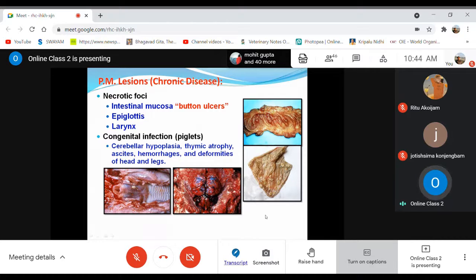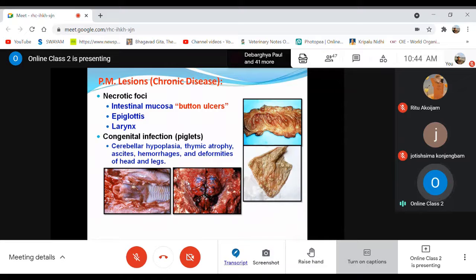And there is a most common thing. As we have already discussed in classical swine fever, there is congenital infection of the piglets when they are within the womb of the mother, means the infection through the mother, the fetus used to receive. And if it is born alive, for example, the piglet is born alive, but they will go on showing some deformities, they will not remain as normal piglets, and they will carry the virus also. So in such cases, one kind of these lesions will be there in those congenitally infected piglets.